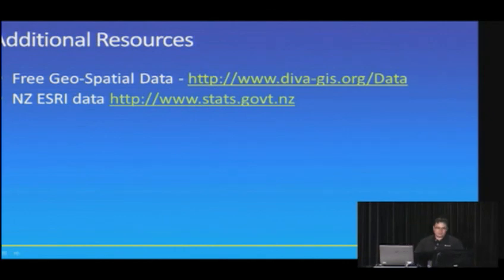If you wanted to hop on, you could go and have a look at diva-gis.org. They've got not only free geospatial data, they also have some other applications if you wanted to explore geospatial. And then obviously in New Zealand, you can go to stats.gov.nz to get some statistics, so you can go and see census information and so on.